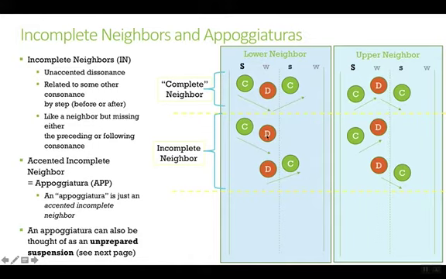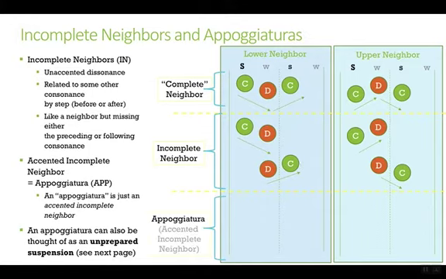Then you just have to say, well, it's related stepwise to this consonant. It's not clearly related to anything over here. So I just have to call it an incomplete neighbor. And the same thing would be here. You find this note, it's a dissonance. You look before it and there's nothing that you can make that much sense of. So you can't call it a passing tone, you can't call it a complete neighbor. You have to just say, well, it is stepwise related to this consonant, so it's an incomplete neighbor. That is the thought process of this.